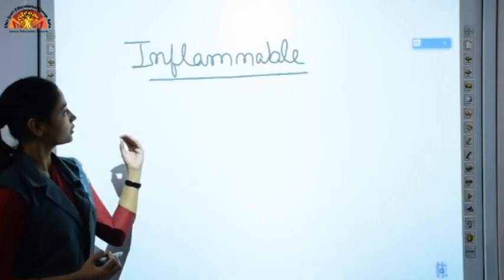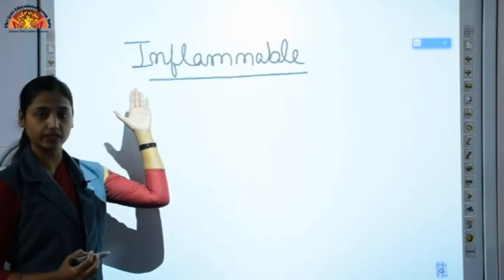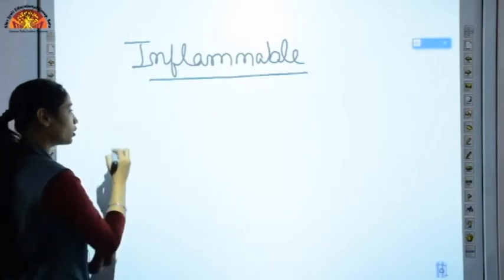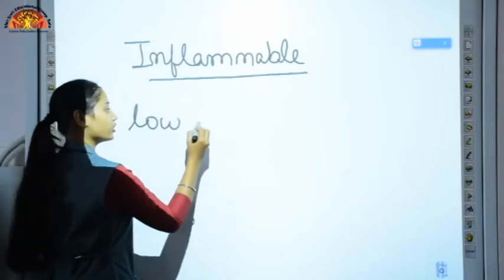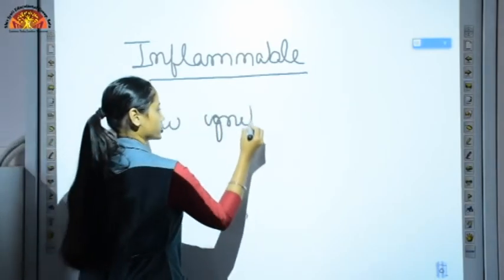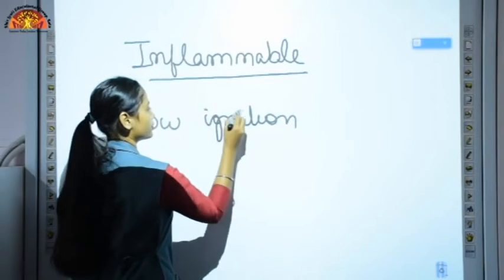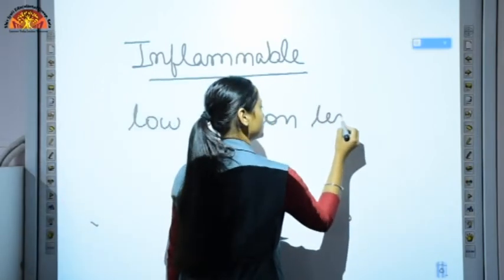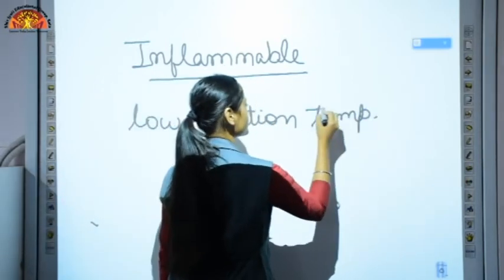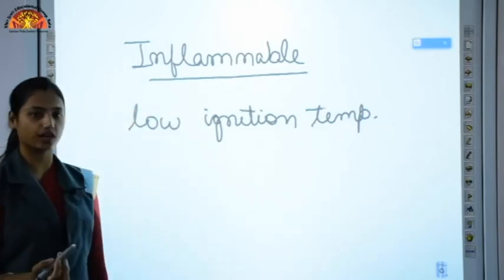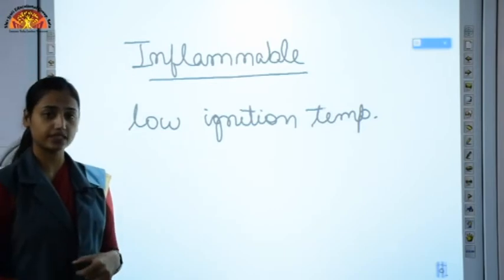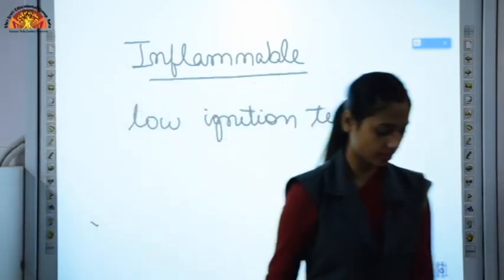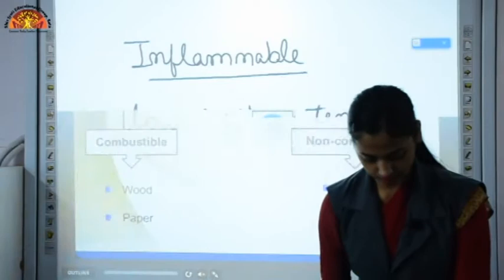So what does it mean, inflammable substance? All those substances which have very low ignition temperature are known as inflammable substances. Examples are petrol, diesel, kerosene. These all are examples of inflammable substances.